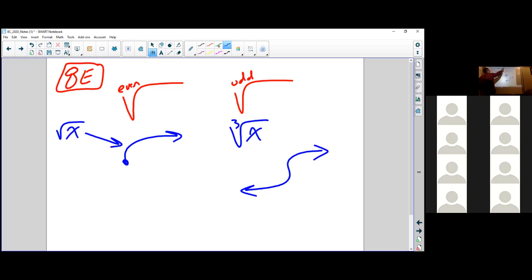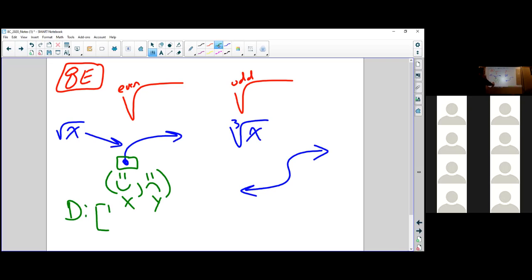If I had some arbitrary starting point, let's call it smiley face, comma, frowny face for x and y, the domain on this one would go from smiley face to infinity, and the range would go from frowny face to infinity.